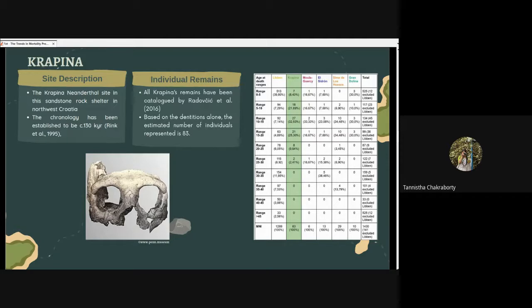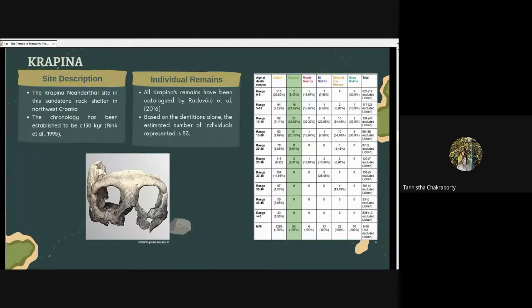However, there are many questions regarding the accumulation, as to whether it was due to cannibalistic activities, natural environmental causes, or animal activities. The total number of individuals that has been estimated here so far is 83, and they have been studied based on the analysis of the teeth.